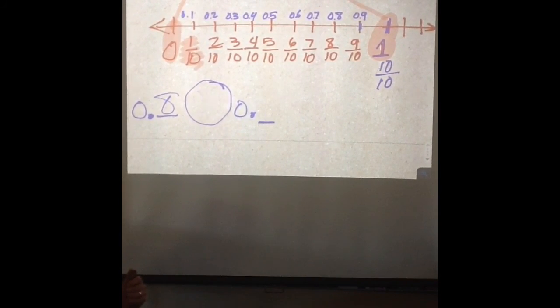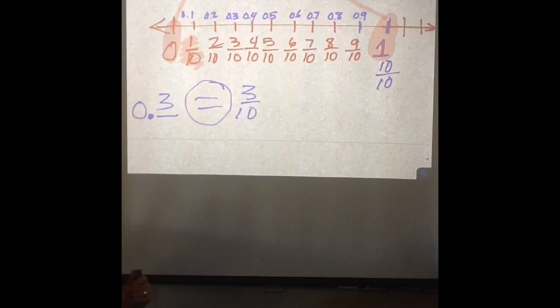What if I do this? Ooh, check this out. This is going to be fun. 3 and 3, what would I put? Equal. Because they're on the same spot. Okay?